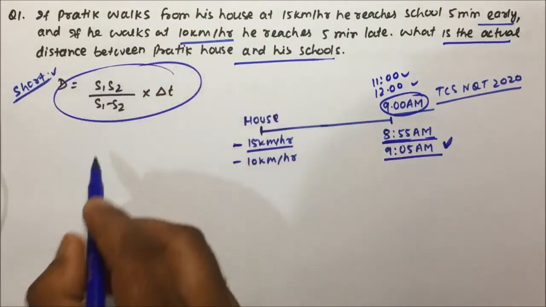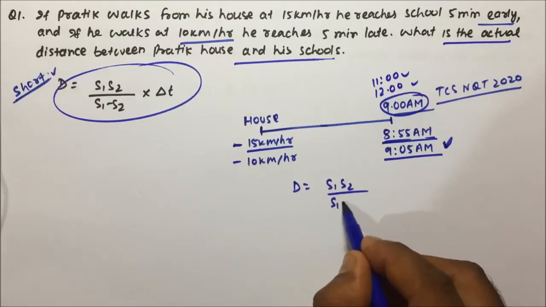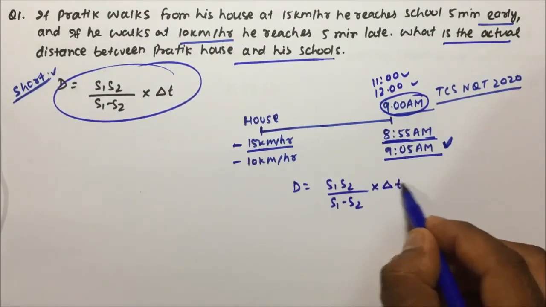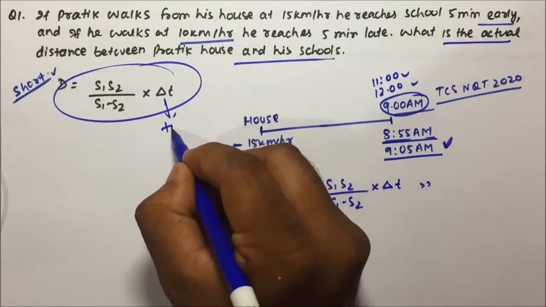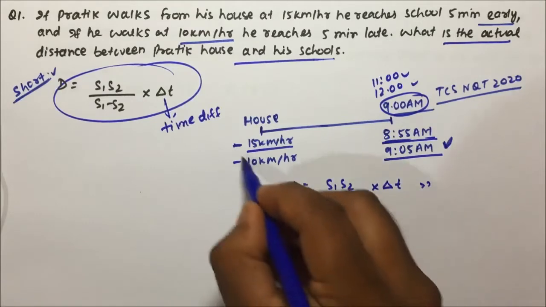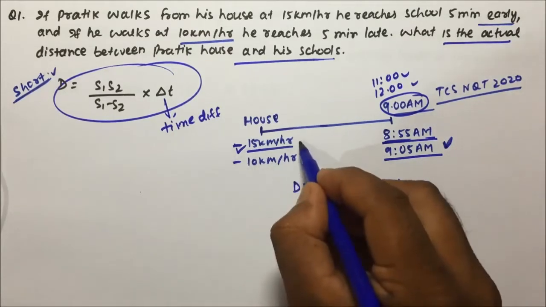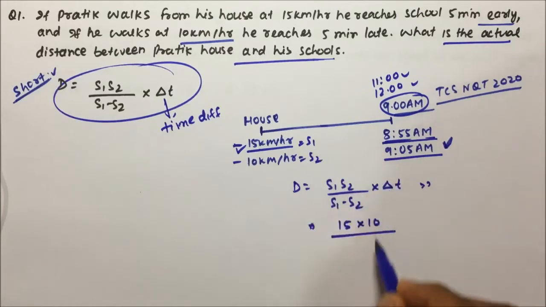There is one formula: distance equals S1 S2 divided by S1 minus S2, into delta t. Delta t is nothing but the time difference. Now S1 is 15, S2 is 10, these are the speeds, divided by 15 minus 10.